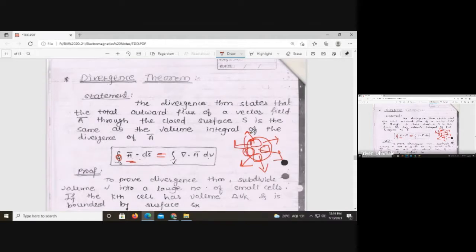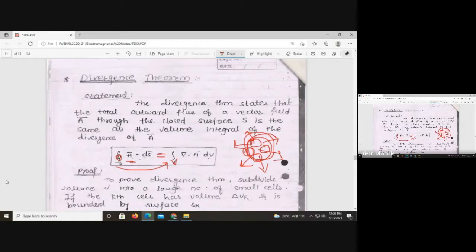That is the complete divergence for this volume. So simple: the total outward flux of A bar through the closed surface is the same as the volume integral of the divergence of A bar.